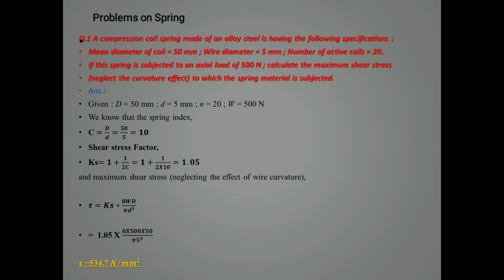Carefully see the specifications: mean diameter of coil is equal to 50 mm. So what is meant by mean diameter? That is capital D. Then wire diameter is equal to 5 mm, that is small d. Then the number of active coils, we can say it as small n.